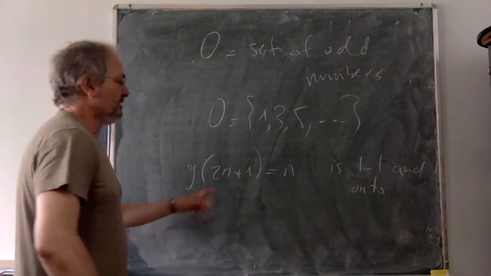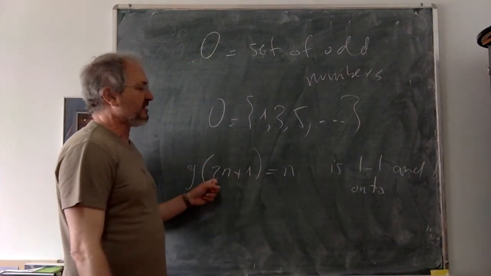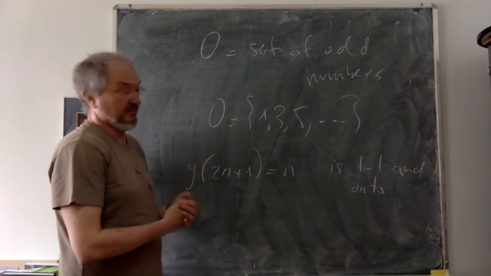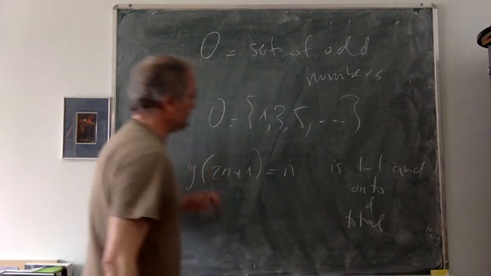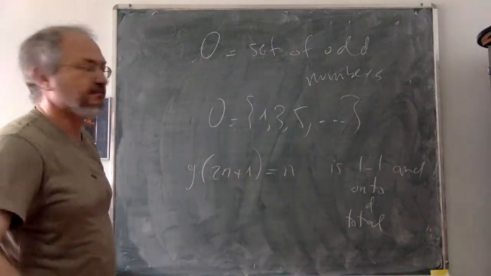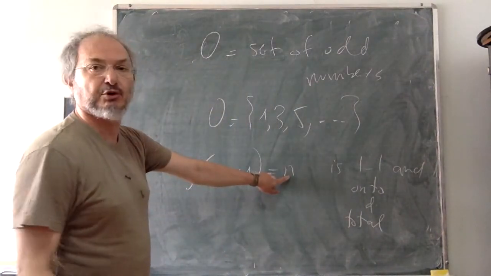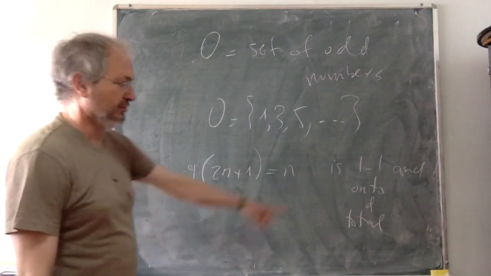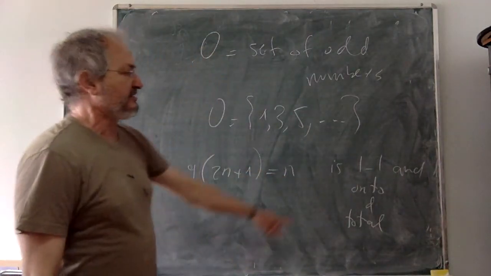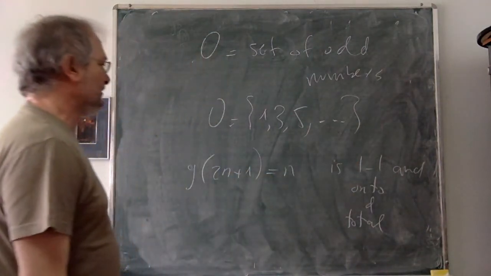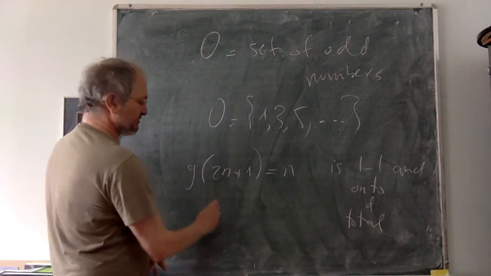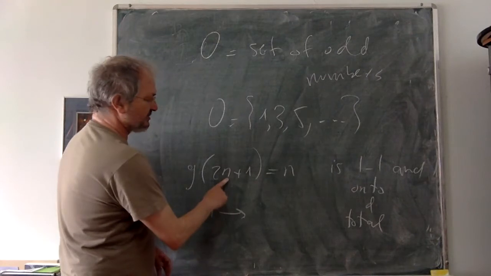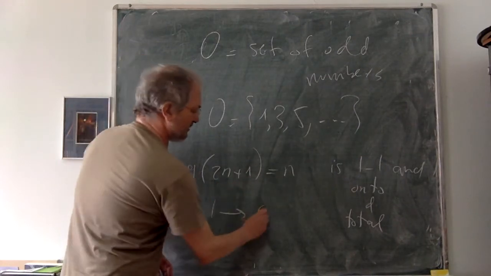In other words, it maps everything in the set of odd numbers. It's going to map into all natural numbers, one by one. Simply speaking, when n is equal to 0, this is 1.